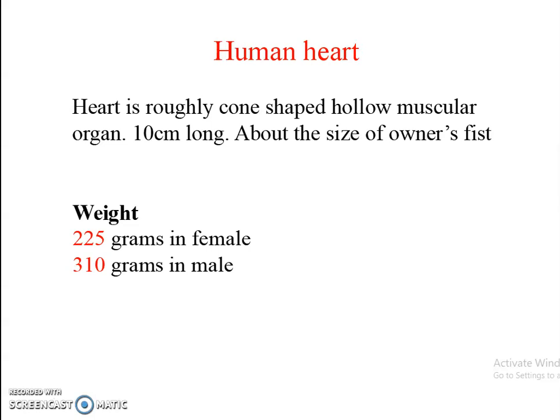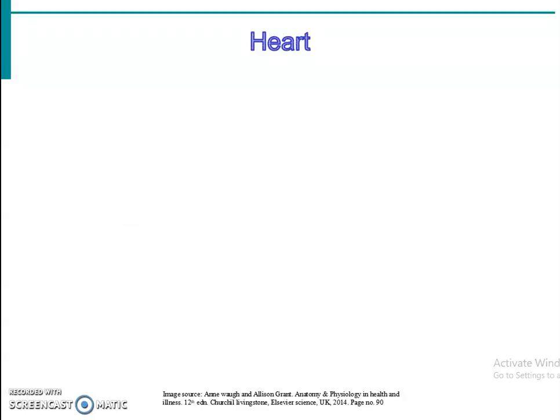The normal length of the heart is about 10 centimeters, and the size of the heart is about the size of one's fist. Next, coming to the weight of the heart, there is a slight variation between male and female. The normal weight of the heart in females is 225 grams. In males, it is 310 grams.